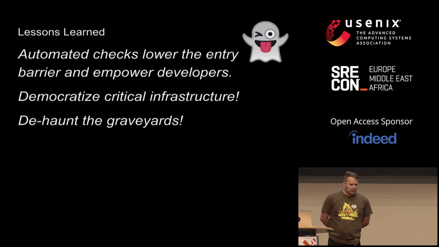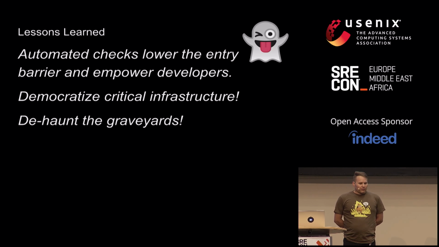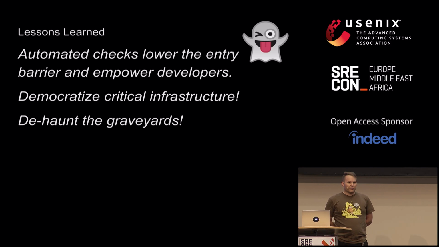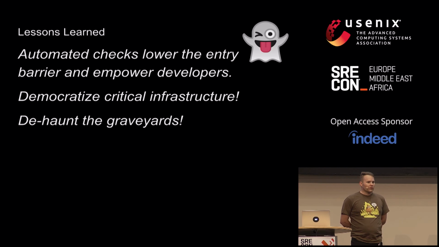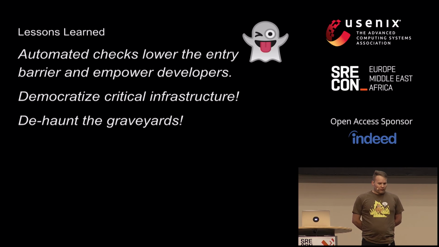Lessons learned from all that, from all the automation. I think the most important lesson for us was that the automated checks give people more confidence, and we empowered people by having automated checks, including us, including SRE. There are some things we don't have to check manually anymore because we know we have an automated check for that now. I urge everyone to think about how to democratize critical infrastructure.